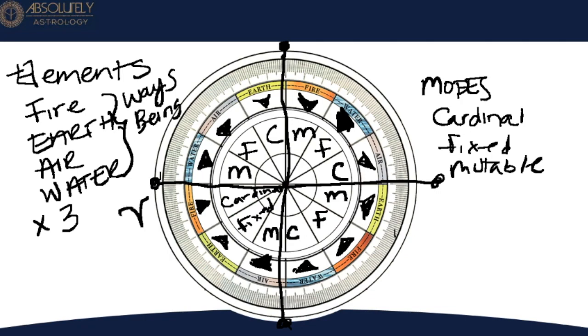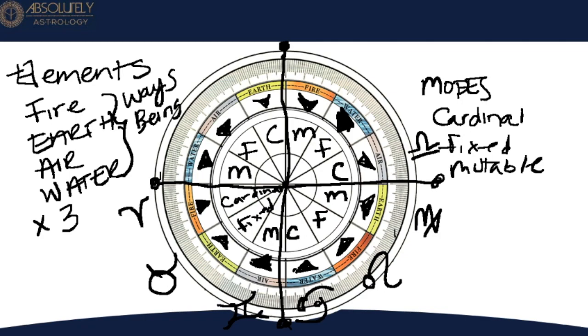So Aries, cardinal, fire. Taurus, fixed, earth. Gemini, mutable, air. Cancer, cardinal, water. Leo, fixed, fire. Virgo, mutable, earth.